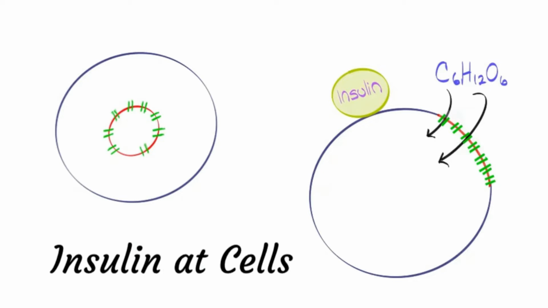That's what happens when insulin is bound to those cells. This happens in skeletal muscle fibers in the absence of insulin, and it is merely due to the contraction of skeletal muscle fibers, or skeletal muscle cells. So muscle contraction embeds those GLUT4 channels into the sarcolemma, or plasma membrane, of skeletal muscle fibers.